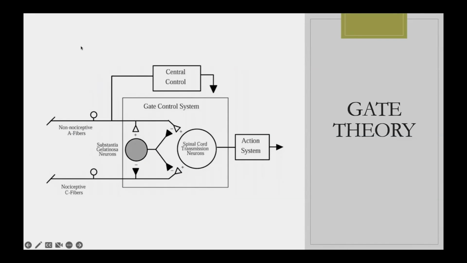The science behind this is rooted in what we call gate theory, which in essence means that when two inputs in the nervous system come at the same time, one is a painful input, which is what we call a nociceptive input, and the other a non-painful input, like when you rub the arm or have a tapping sensation, they usually go to the same area along the spinal cord, and then the spinal cord will preferentially listen to the non-painful signal.